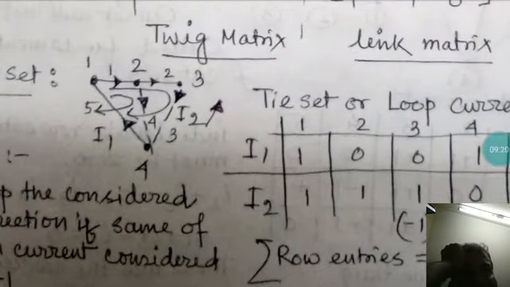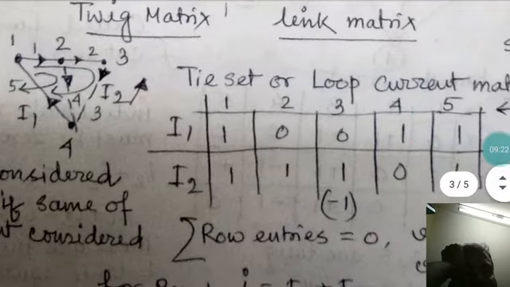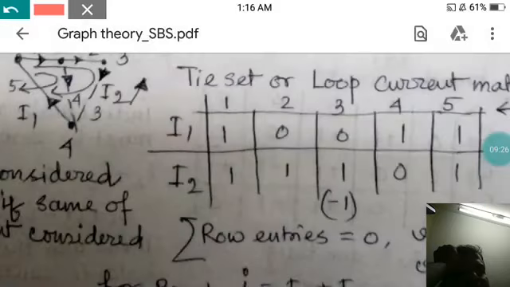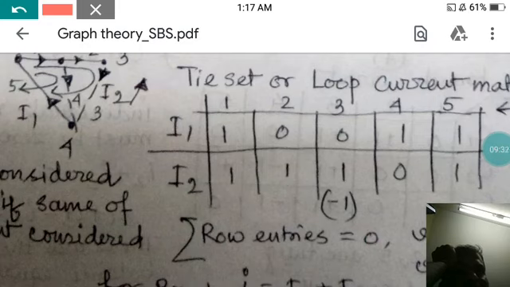So if I am considering I1, you can see the branches necessary are 1, 4 and 5. If you consider that current flow direction, this is plus 1, this is plus 1, this is plus 1.